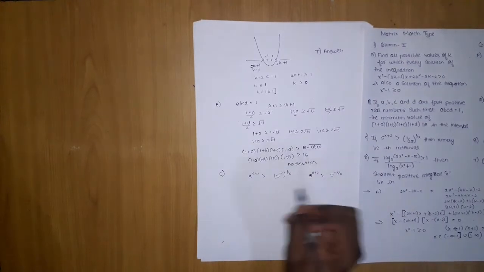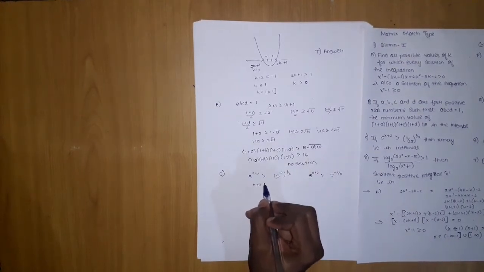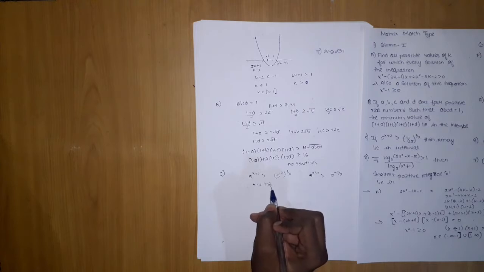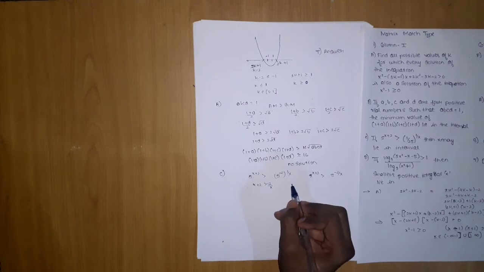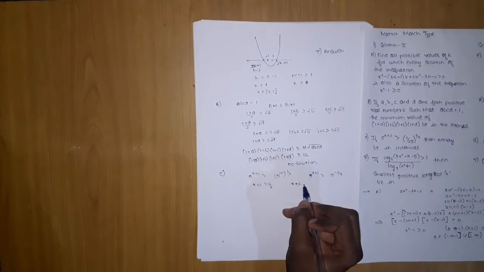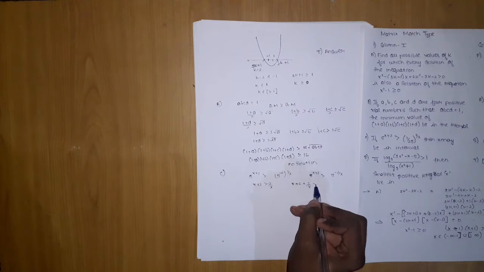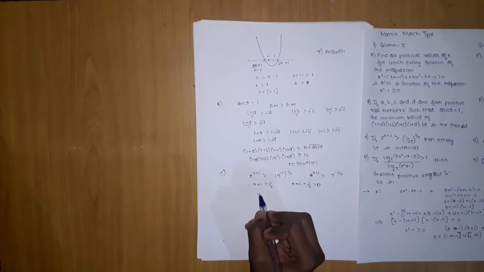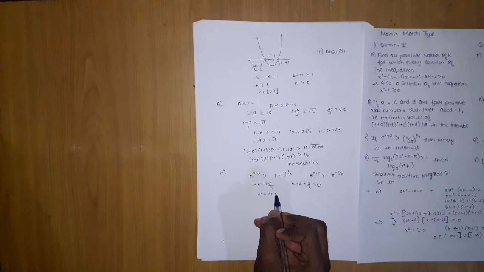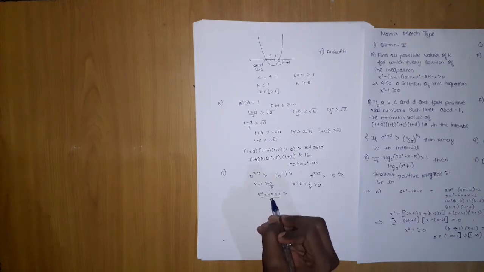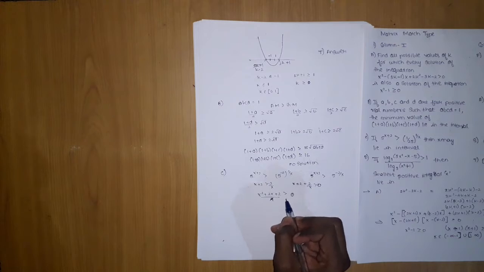And then now we can equate it, which will give us x plus 2 should be greater than minus 2 by x, and this will indirectly give us x plus 2 plus 2 by x should be greater than 0, and this will give us x square plus 2x plus 2 upon x should be greater than 0.